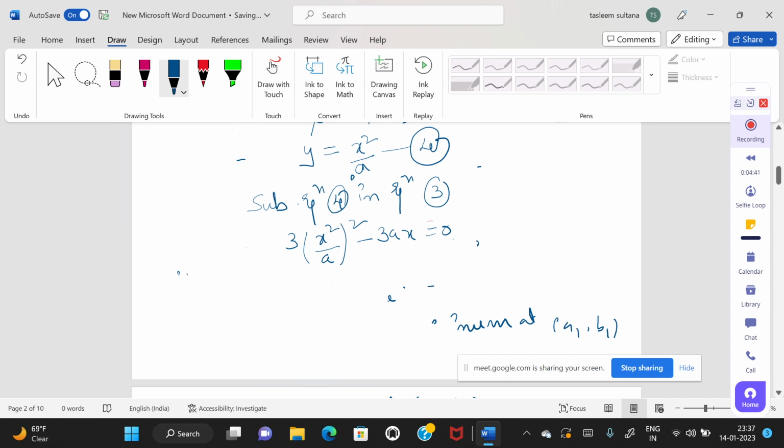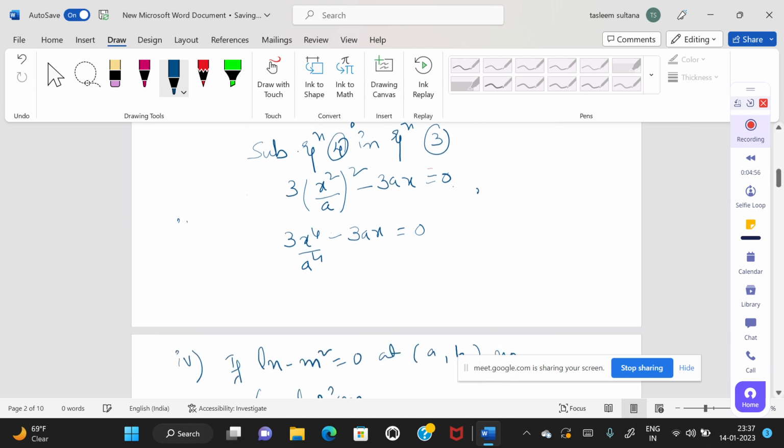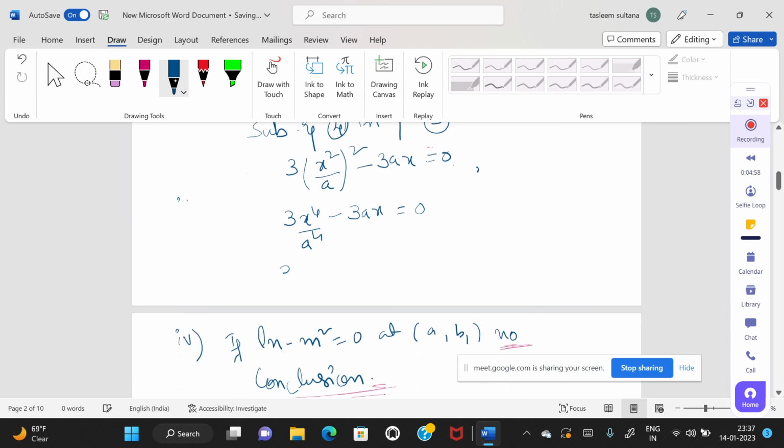That is 3x power 4 by a power 4 minus 3ax is equal to 0.